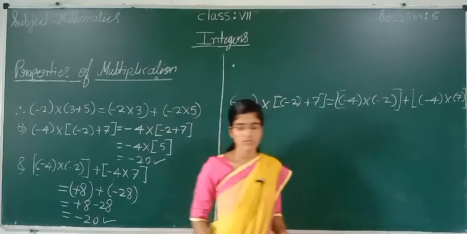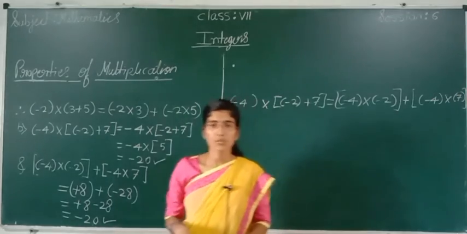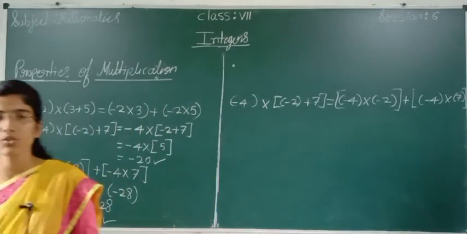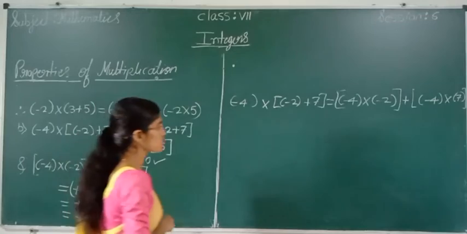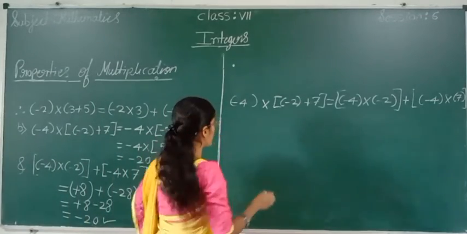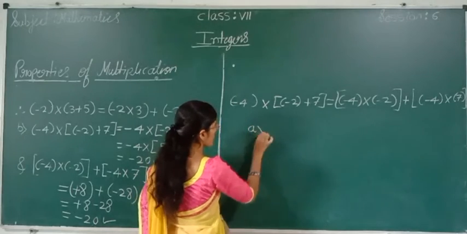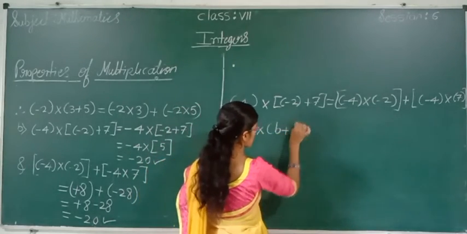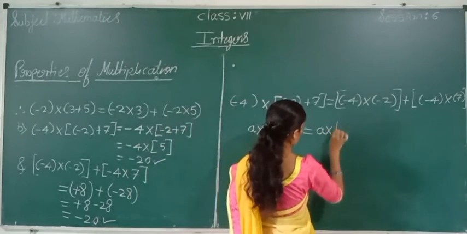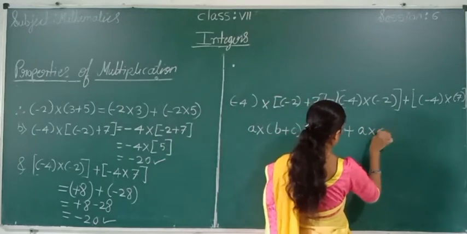So from this we can tell that distributivity of multiplication over addition is true for integers also. In general, if a, b, c are three integers, a into b plus c is equal to a into b plus a into c.